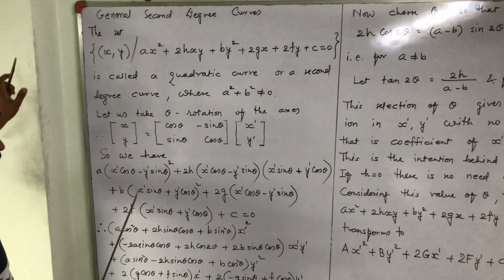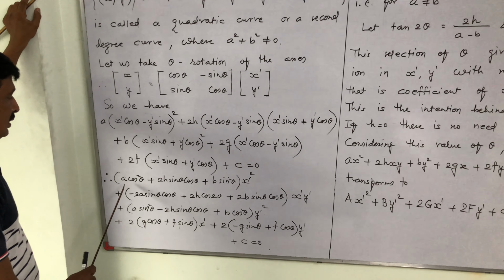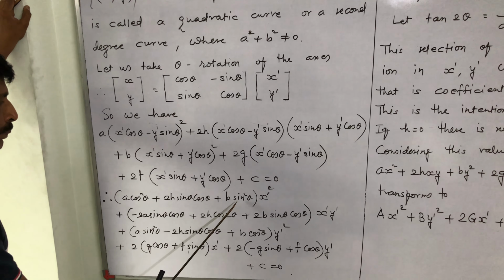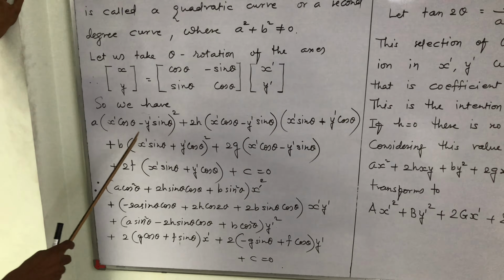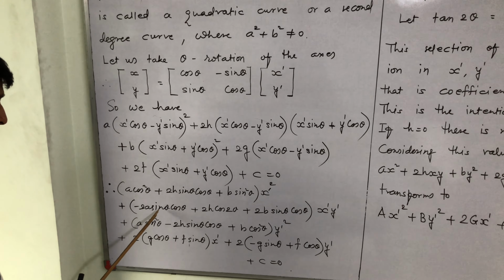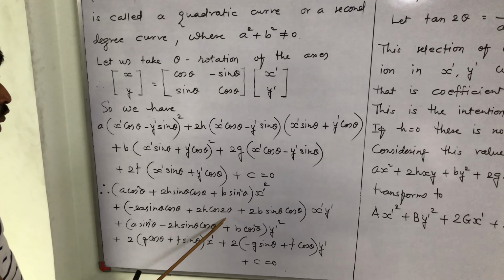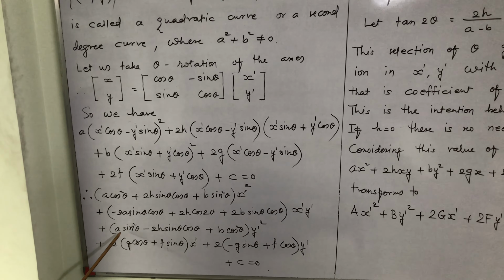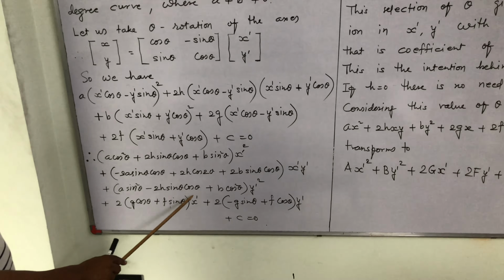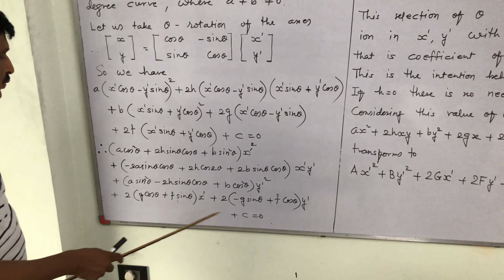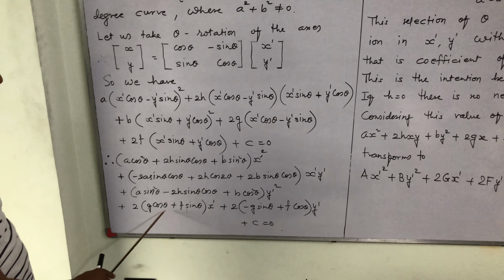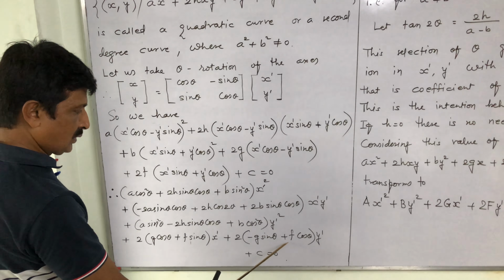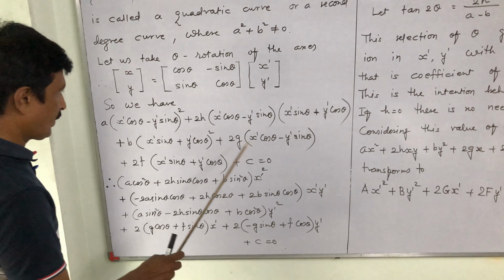After expanding and adjusting the terms, we have (a cos² theta + 2h sin theta cos theta + b sin² theta) x'² + (-2a sin theta cos theta + 2h cos 2theta + 2b sin theta cos theta) x'y' + (a sin² theta - 2h sin theta cos theta + b cos² theta) y'² + 2(g cos theta + f sin theta) x' + 2(-g sin theta + f cos theta) y' + c = 0.